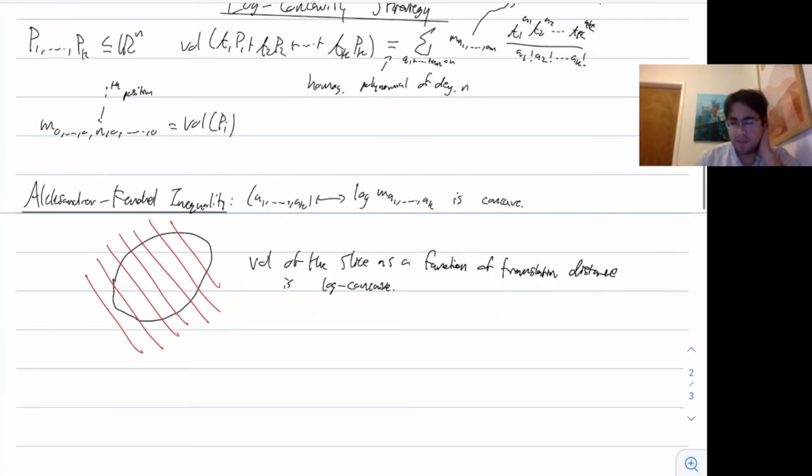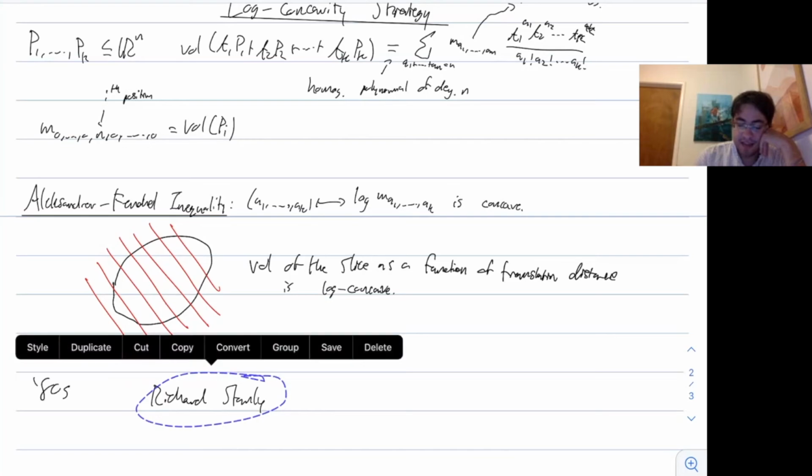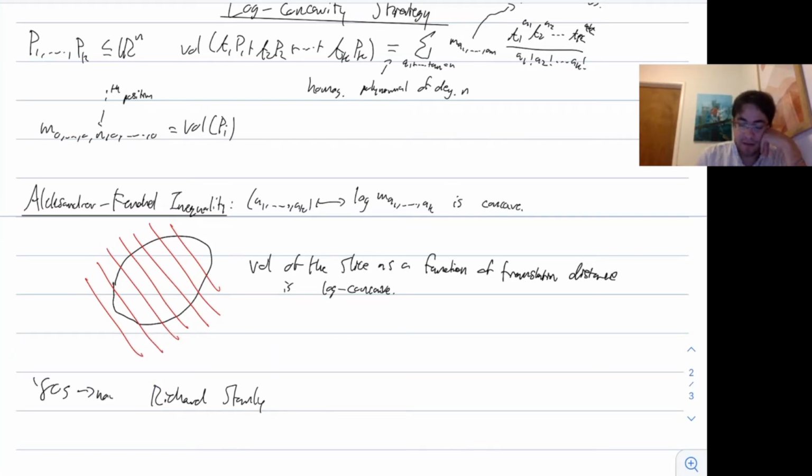Right. So we want to do this. This was actually known since like the 80s. So in the 80s, Richard Stanley, and let's say the 80s to now, so this was a long period of time, maybe like 30 years, Richard Stanley at MIT did this like a million times and got lots and lots of log-concavity results.